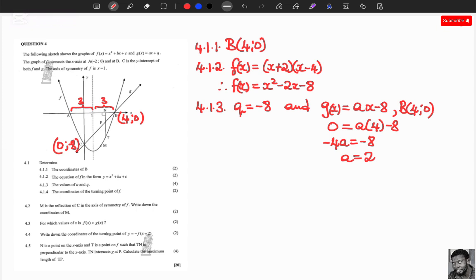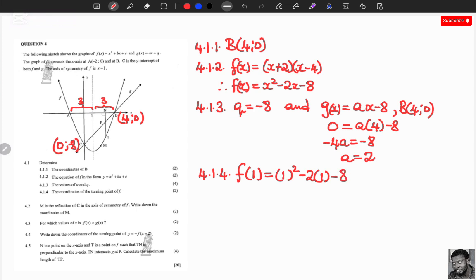Okay, let's move on to 4.1.4. They say we need to determine the coordinates of the turning point. We already have the x value. We can take that and replace it into the equation, which will say f of 1 equals 1 squared minus 2 times 1 minus 8.